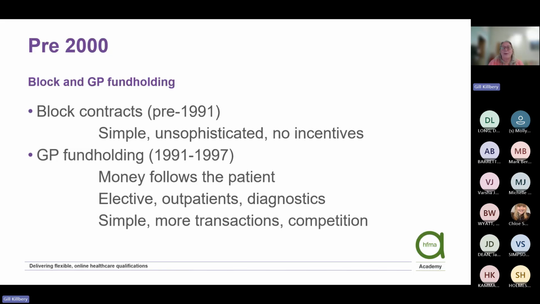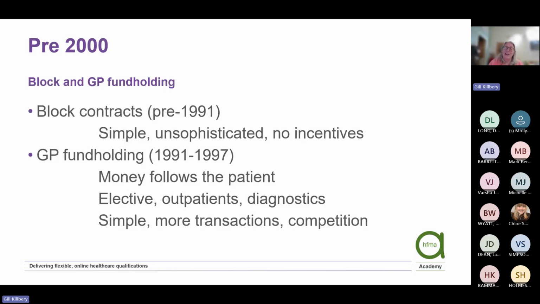If anyone's going to influence the elective activity completed by hospitals, it's the GPs, because they send in the referrals. The majority of patients for elective come via the GP into acute care. By not including non-elective, the emergency stuff, within that GP fund holding, there's incentive for the GPs to not refer patients and wait for the patients to be admitted as an emergency.